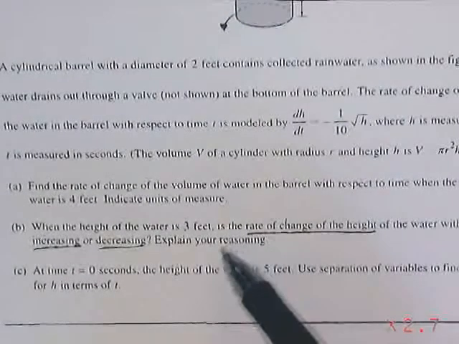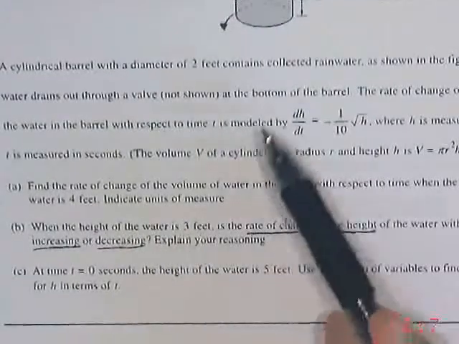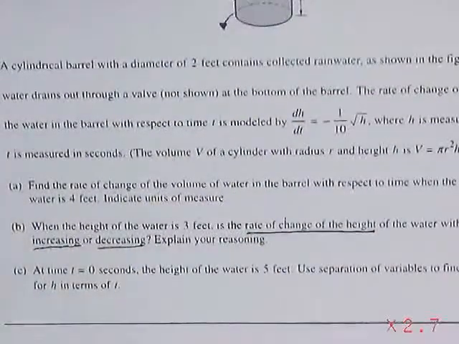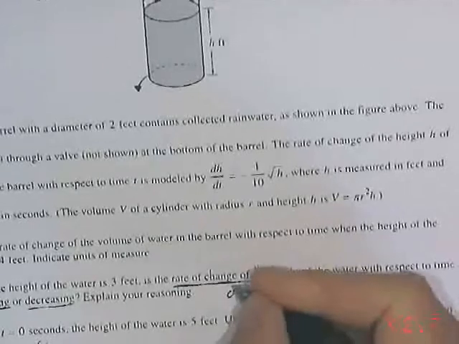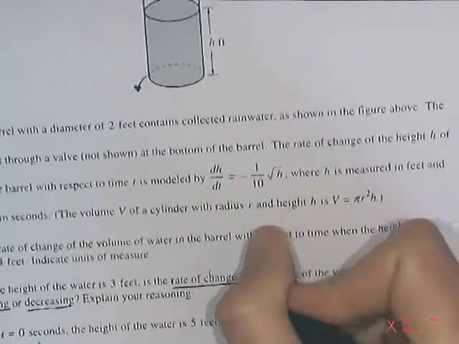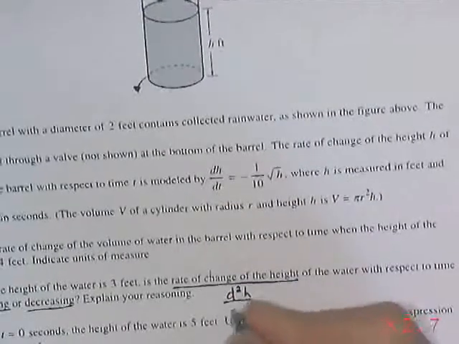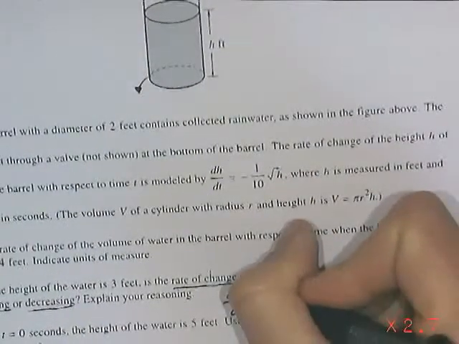So we're talking about the derivative of this rate, the derivative of dh/dt. We're talking about the second derivative of h. And so we want to know, is d squared h over dt squared positive or negative?